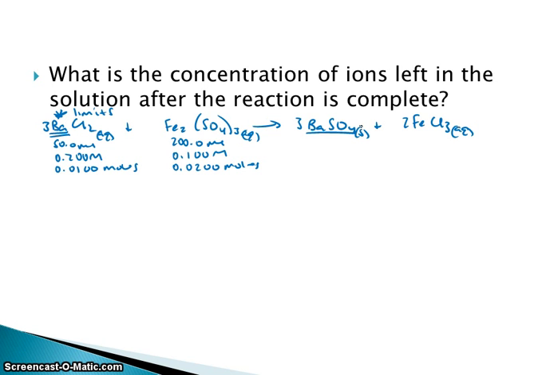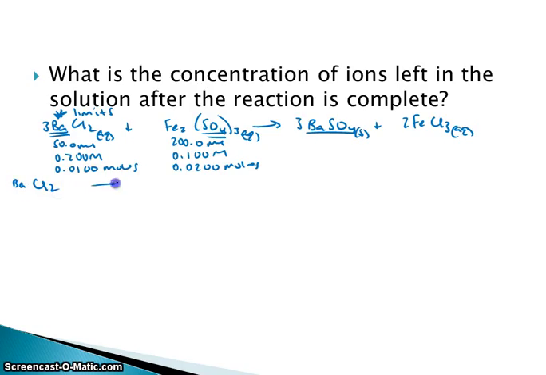They're spectators. The iron ions are going to remain as spectators because they're not part of forming the precipitate. And the sulfate ions are going to form the precipitate, but there's going to be some sulfate left over. And we want to find out what the concentration of all of the ions are after the barium ions have been completely consumed. So let's look at the barium chloride part first.